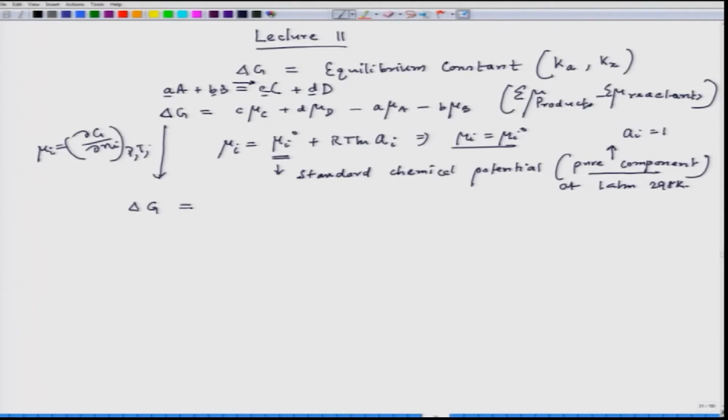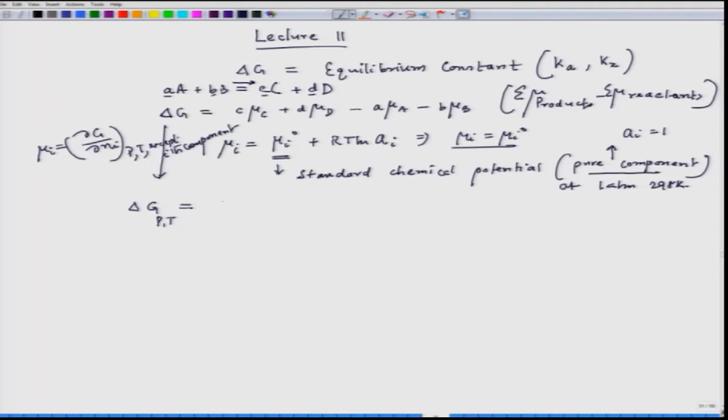So, this is the concept, and that is what this P T is, because we are fixing pressure and temperature.